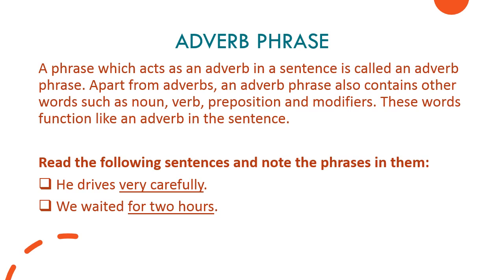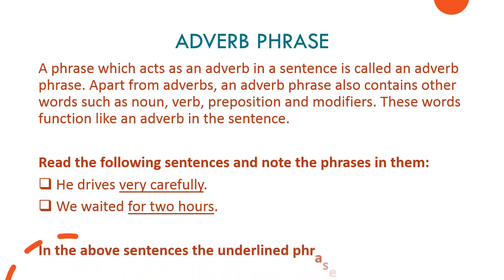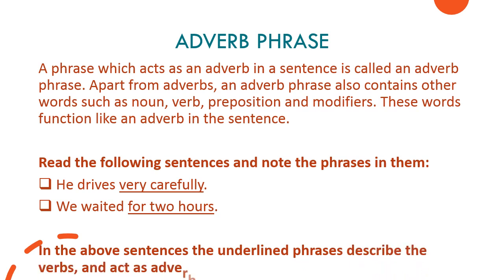But here I am saying we waited for 2 hours. So I am putting an adverb phrase here because I am defining more of the verb. Clear to everyone? In the above sentences, the underlined phrases describe the verbs and act as adverbs.